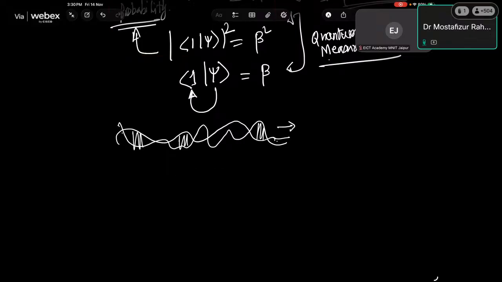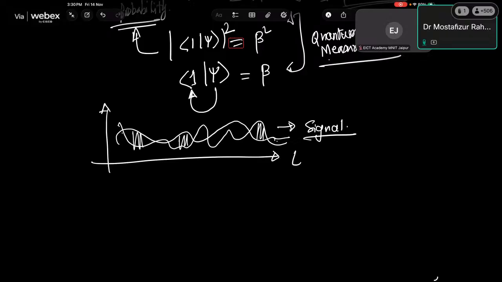Suppose this is some signal. Just by looking at the time domain representation, it is difficult to find out the frequency distribution, t versus y. That's why we take the help of tools like the Fourier transform and Fourier series. What we typically do is discretize this information.